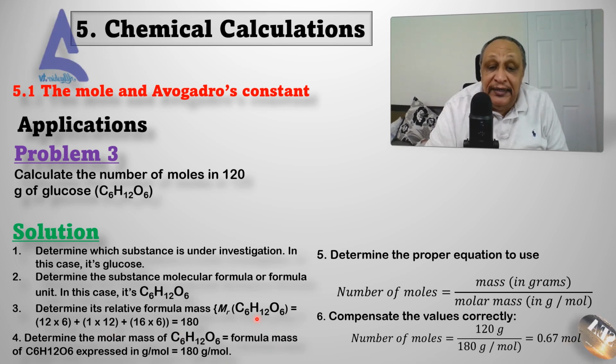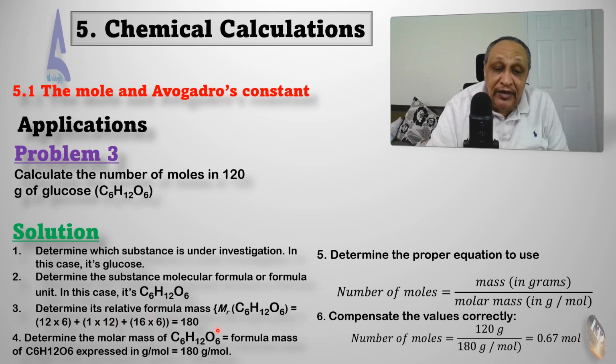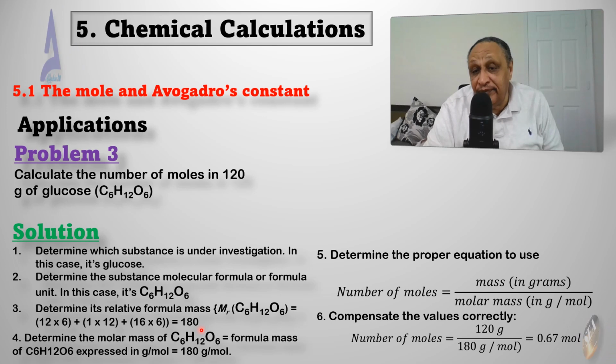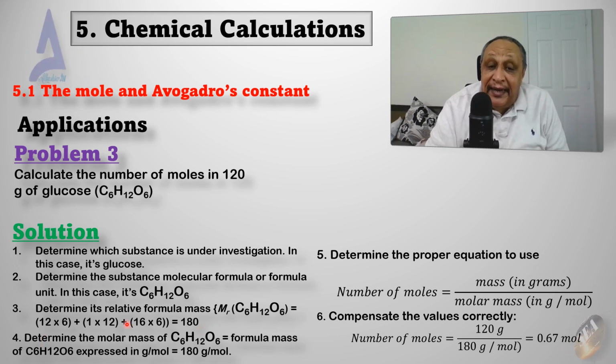And the relative atomic mass of oxygen is 16 multiplied by 6. When I add the mass of each of these together, they are going to be 180. Then determine the molar mass. The molar mass is this mass expressed in gram per mole. So it is 180 gram per mole.